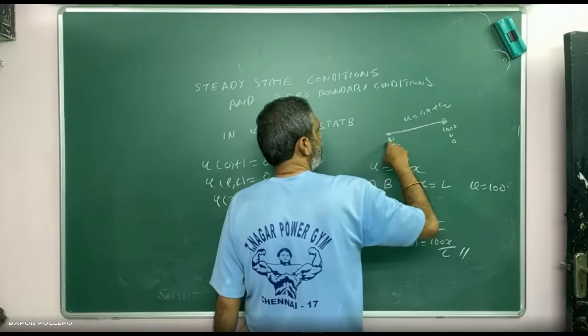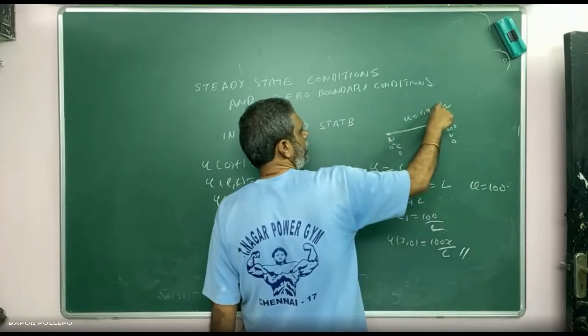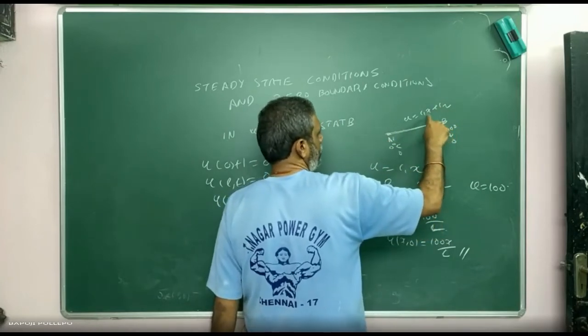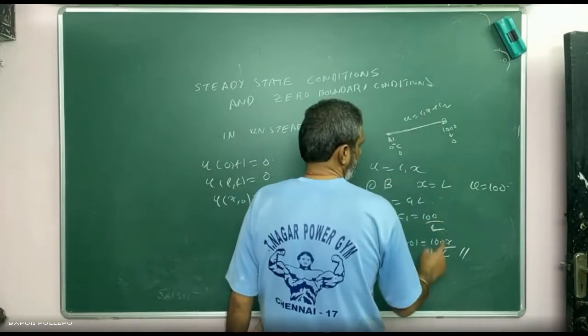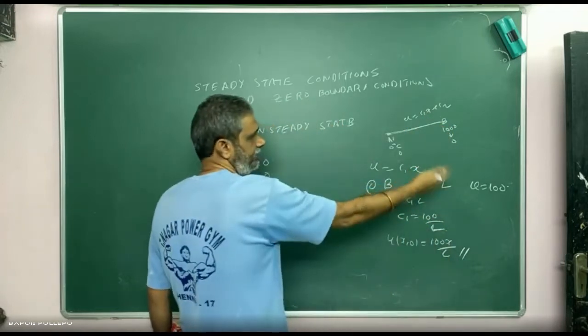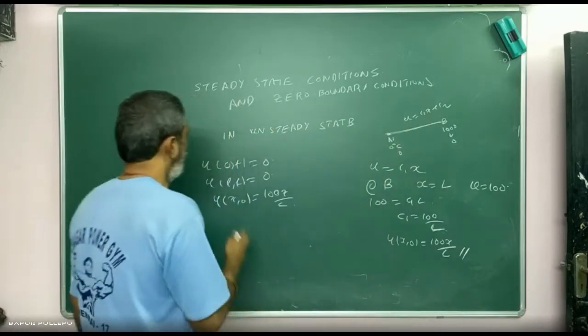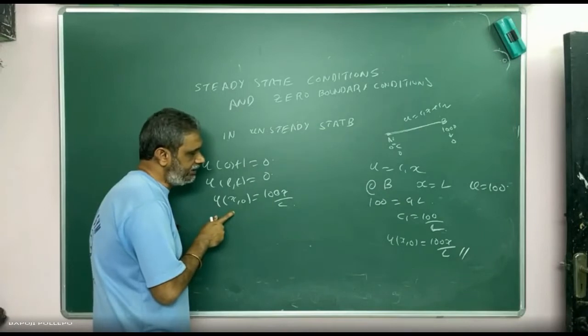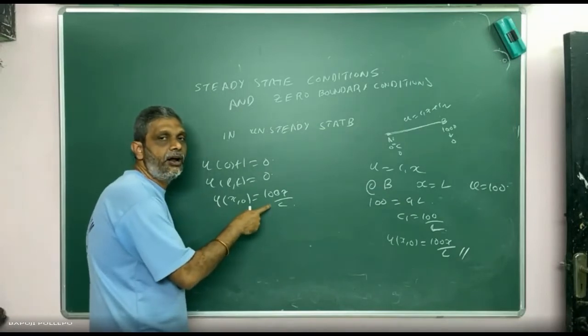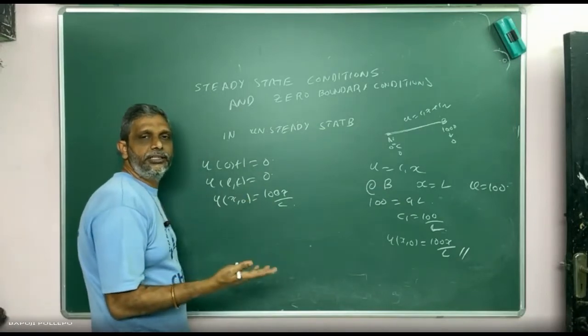At A, x equals 0, substituting gives C2 equals 0. At x equals L, substituting gives C1 equal to 100 by L. Now u of x comma 0 is equal to 100x by L. Once steady state breaks and we reach unsteady state, both ends maintain 0, and initially this temperature is maintained in the rod. Again, old story. Correct or not?